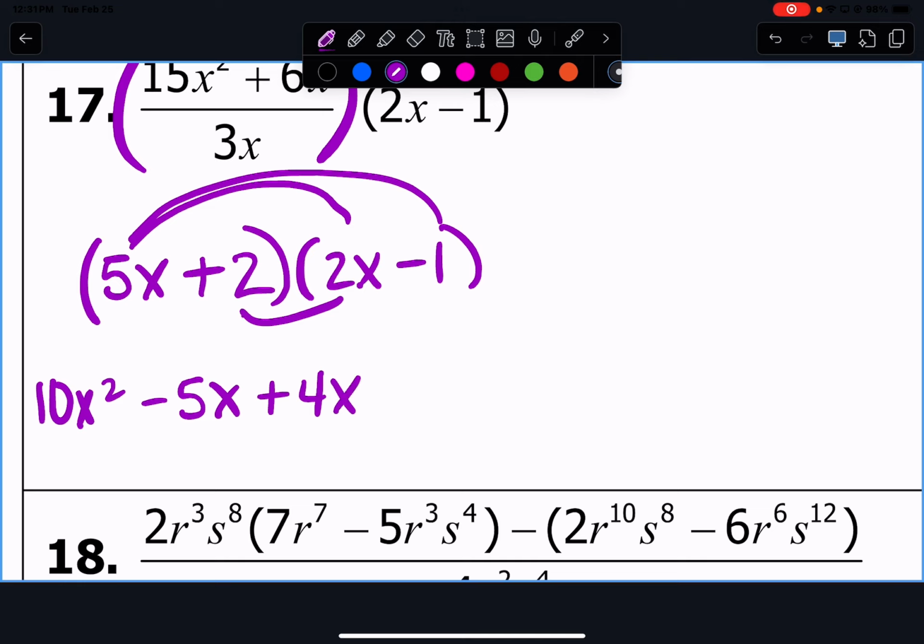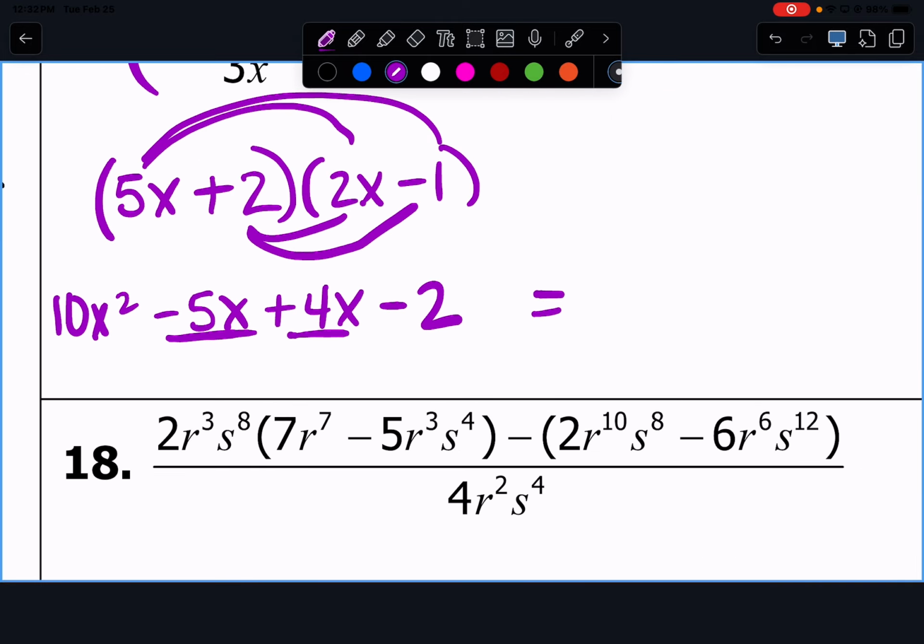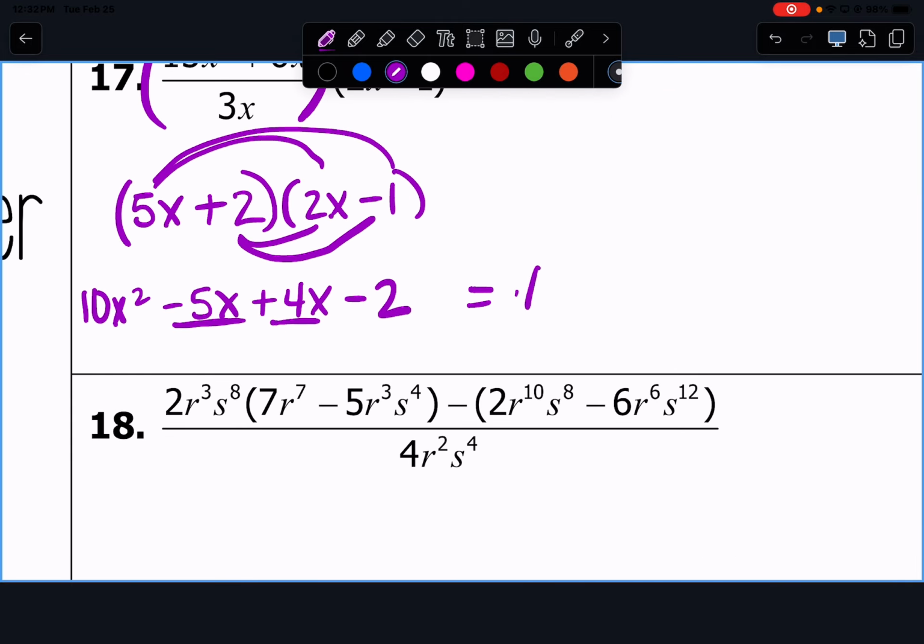That one's just 2 times 2x, so there's only one x in it. And then 2 times negative 1 is negative 2. Do we have like terms we can combine? Yeah. So when we combine those, our answer is what? We get 10x squared minus x minus 2. There we go.